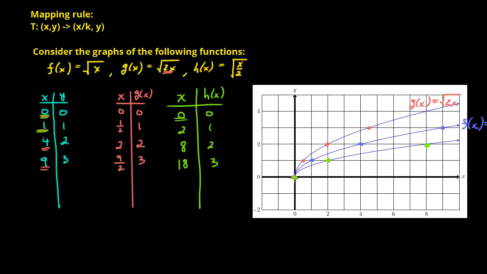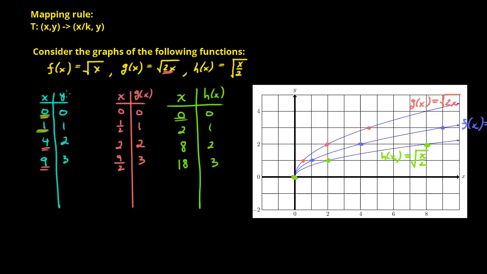This point stays in the same spot. This point is stretched horizontally by a factor of 2, and this point is stretched horizontally by a factor of 2 as well. So h of x, which is equal to the square root of x over 2, is a horizontal stretch by a factor of 2 of f of x. So that's how the two graphs are related.